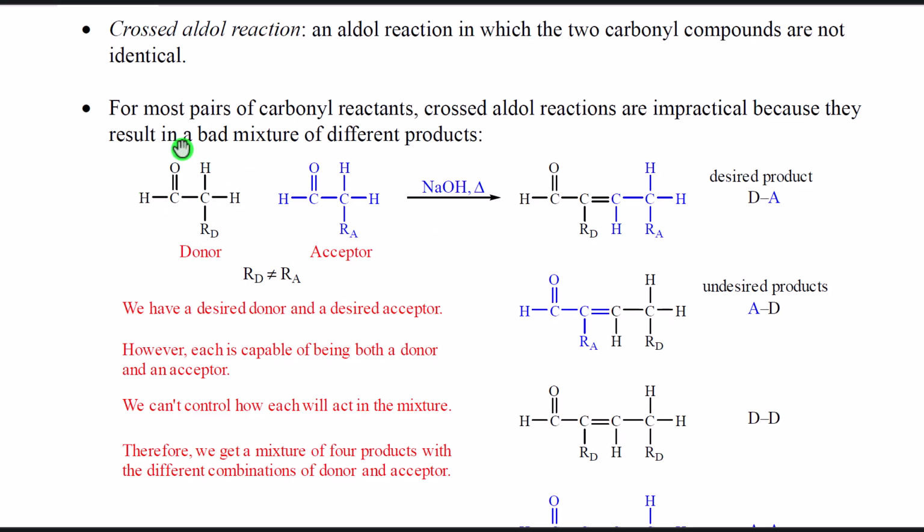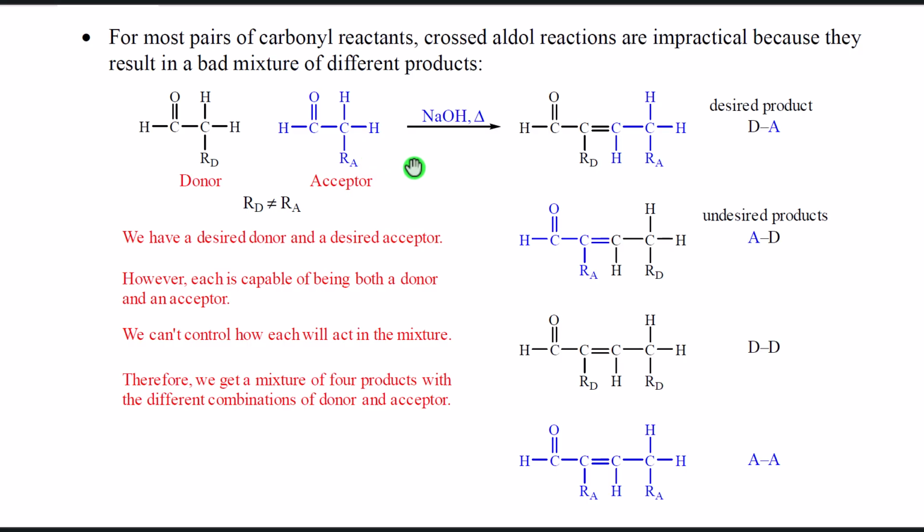So what we're going to do is look at having a donor and an acceptor, and the donor and the acceptor are going to have two hydrogens on the alpha carbon and then some carbon group attached here. If the carbon groups are not identical, then these would be two different structures.